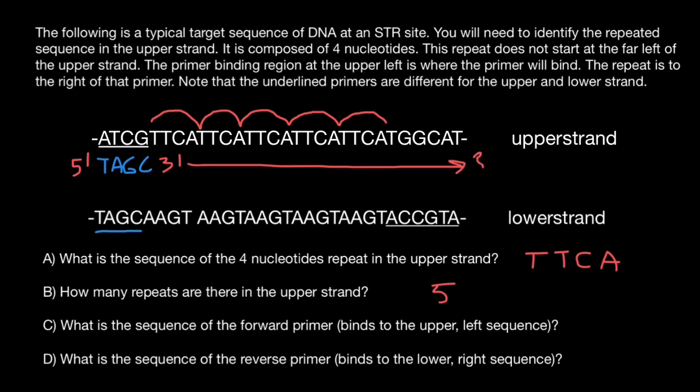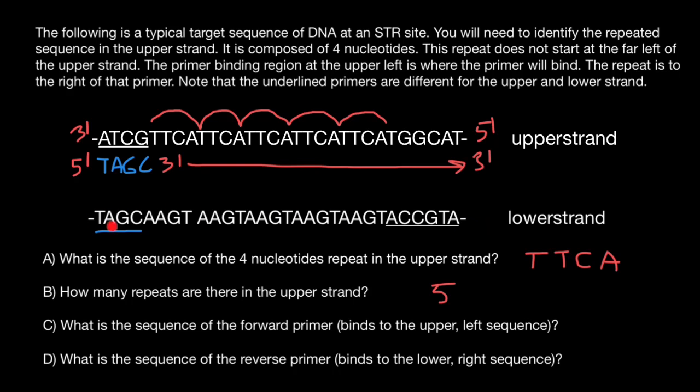We start with the 5' end, and a new strand of DNA, complementary to this one, would grow toward the 3' end. That means that this is going to be the 3' end here and the 5' end here, because these two strands of DNA are going to go in different directions.